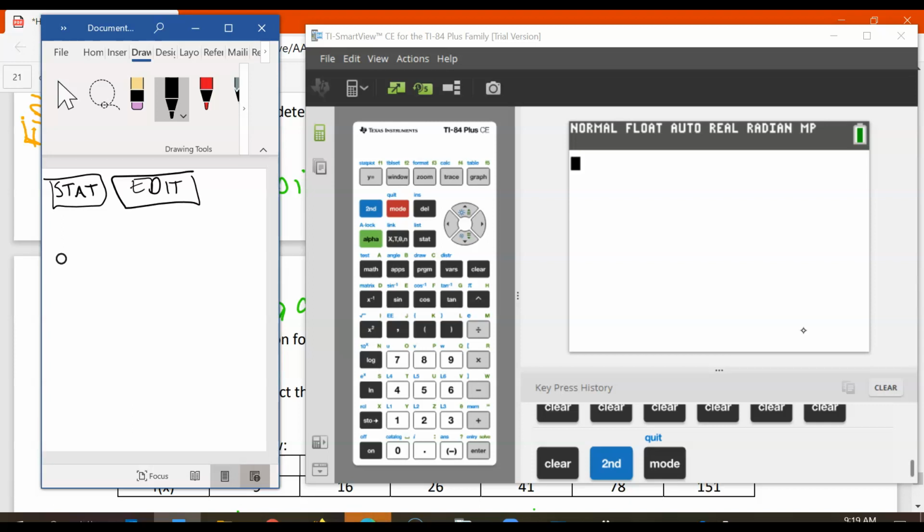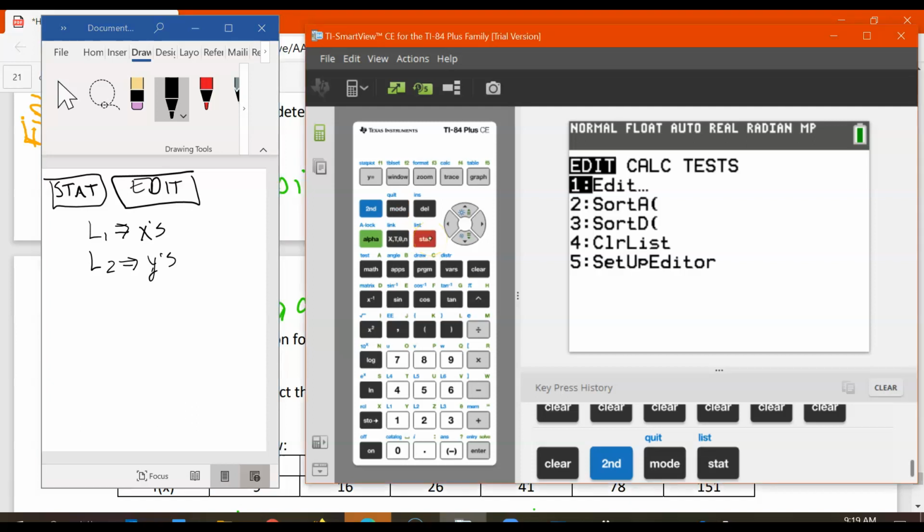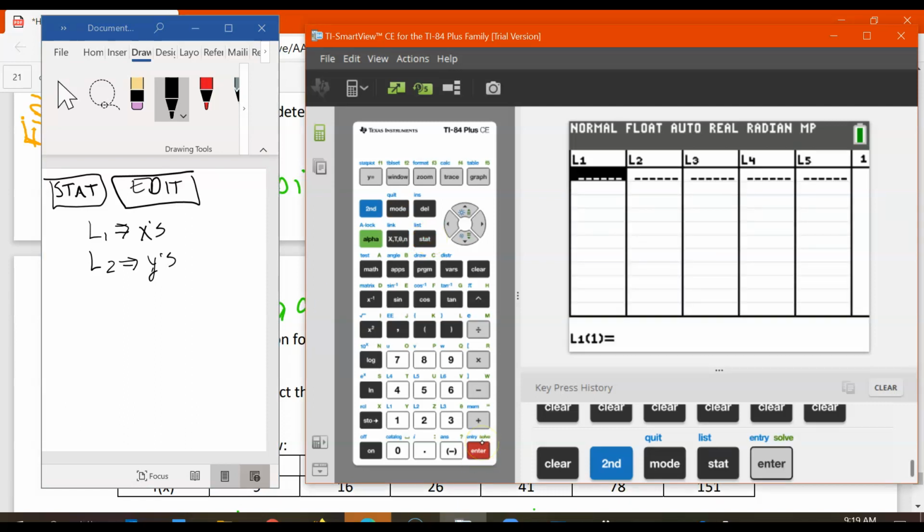And you put in your values. L1 column will be your X's. L2 column will be your Y's. So let me do that. Stat, Edit, enter, L1. So I'm going to put into L1 all my X values.